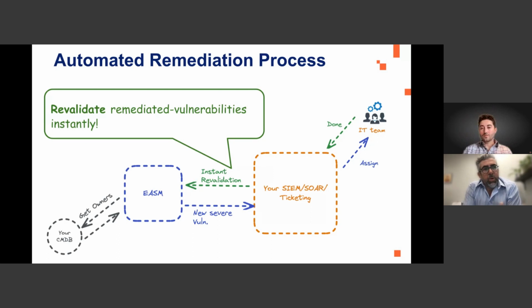But when it gets to the revalidation, we know that in 2022, more than 50% of the remediated vulnerabilities were revalidated. 55% of the revalidated, remediated vulnerabilities turned out to be not fixed, not remediated.